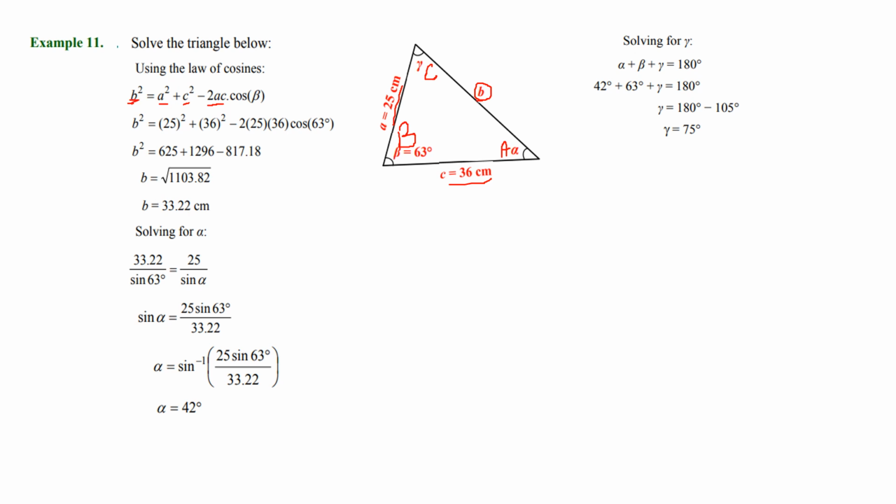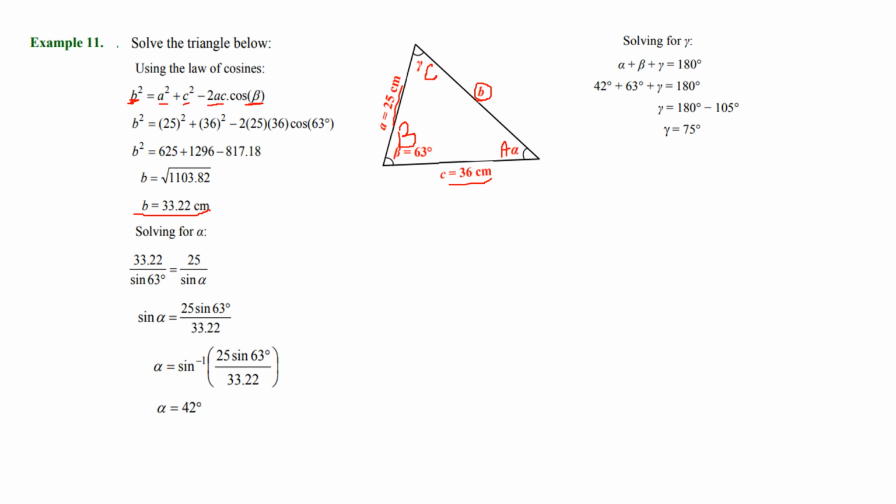Which side we need to find? B. So the corresponding angle is cos of B. And replace the values. A is given 25, C is 36, minus 2 times 25 times 36, and cos of the angle 63°. When you replace the values and simplify, you will get B.